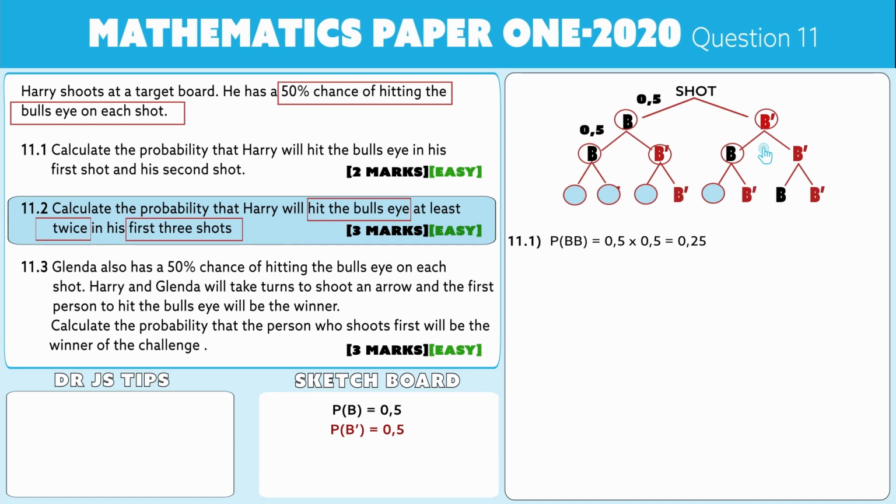Okay, so for 11.2, our diagram is neatly drawn. It is our tree diagram that represents this situation. So the probability of at least, or let's say, 2 bulls in 3 shots. Now let's see what the probability tree tells us. 0.5, 0.5, 0.5.